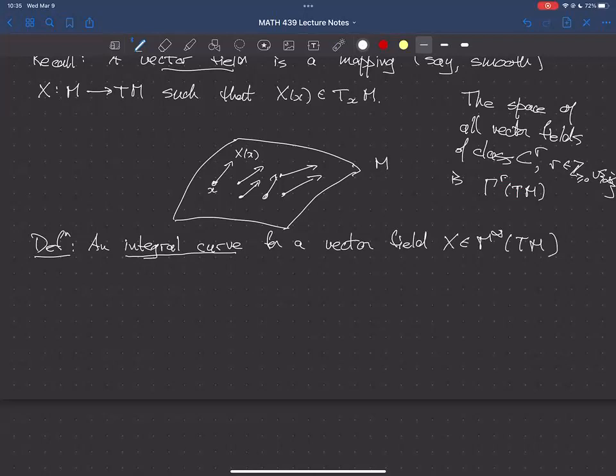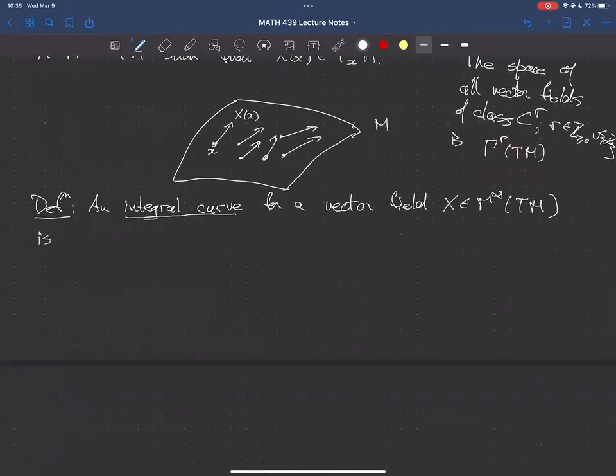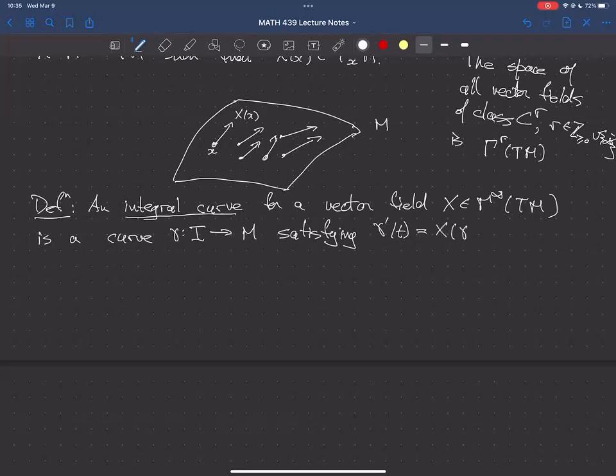Okay, so an integral curve for a vector field X is a curve gamma in M satisfying gamma prime of t, so the tangent vector to the curve gamma at time t, is equal to X at gamma of t. Okay.